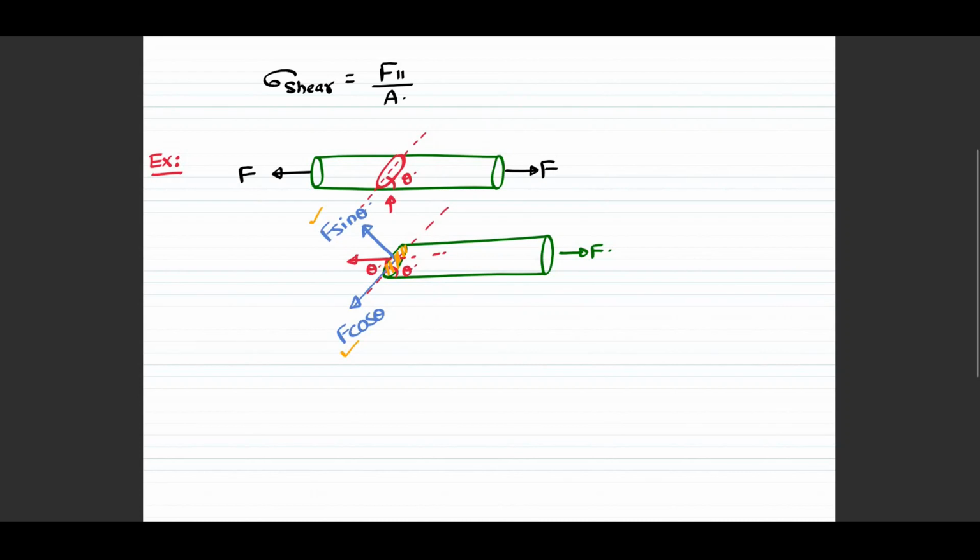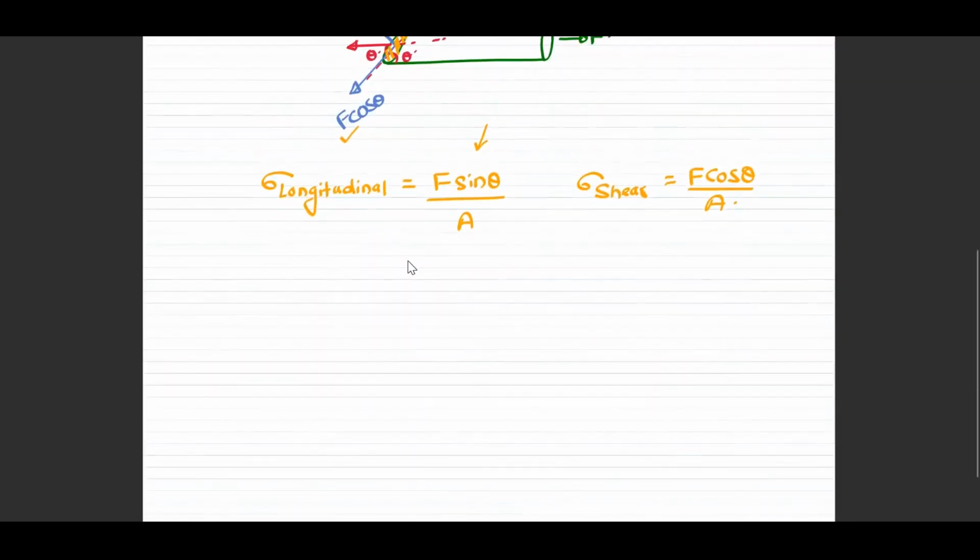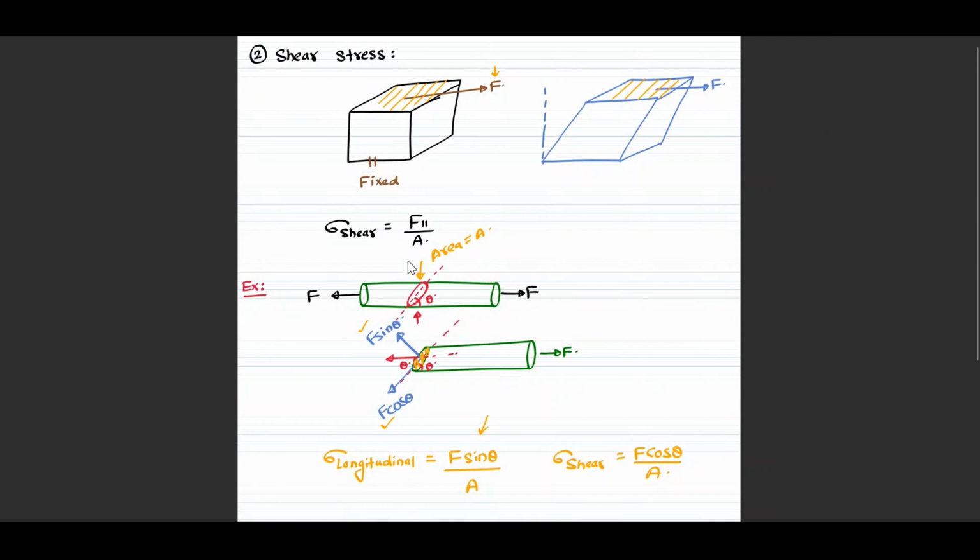So this cross section will have both longitudinal stress as well as shear stress. तो longitudinal stress होगा, कौन सा कंपोनेंट इसके परपेंडिकुलर है, sin थीटा, तो F sin थीटा by A, say area of this is A. Or stress shear will be F cos theta by A. चूंकि वो टेंसाइल स्ट्रेस है इसलिए हम उसको पॉजिटिव लिख रहे हैं. मैग्नीट्यूड तो होता ही, और वैसे भी ज्यादातर कंडीशंस में हम लोगों को सिर्फ मैग्नीट्यूड से फर्क पड़ता है. ठीक है, तो ये shear स्ट्रेस हो गया.